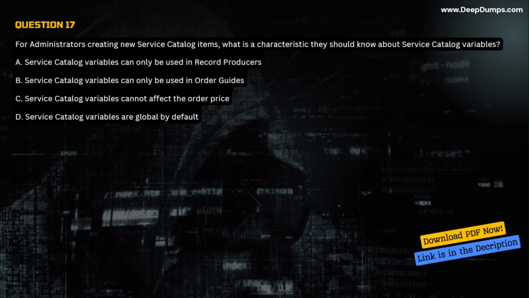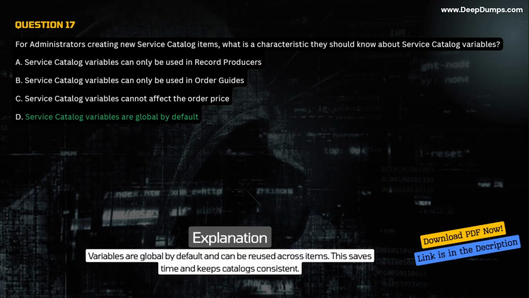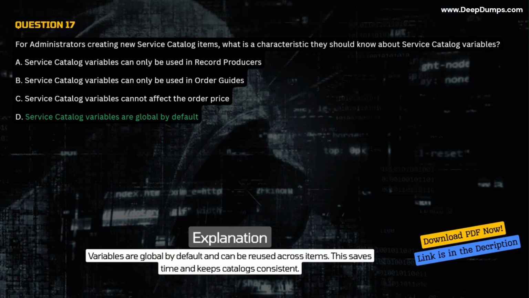C. Service catalog variables cannot affect the order price. D. Service catalog variables are global by default. Correct answer D. Explanation: variables are global by default and can be reused across items. This saves time and keeps catalogs consistent.